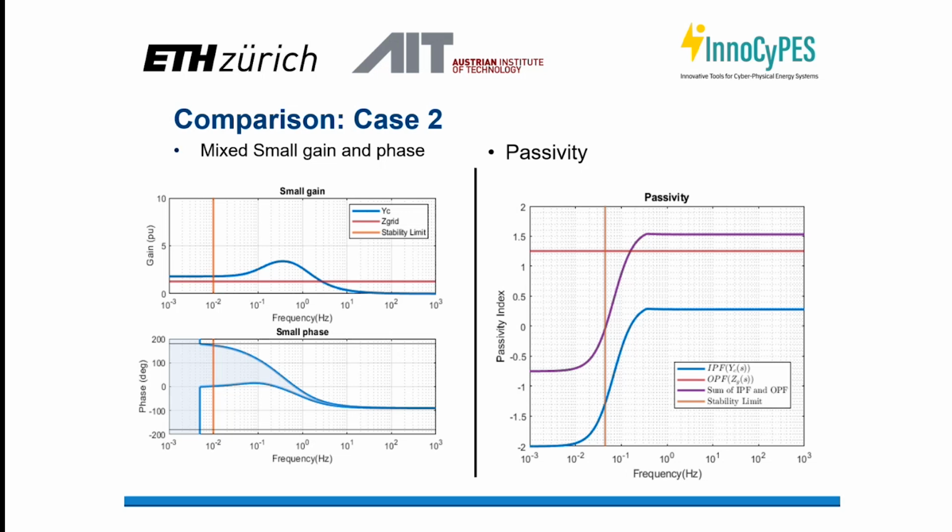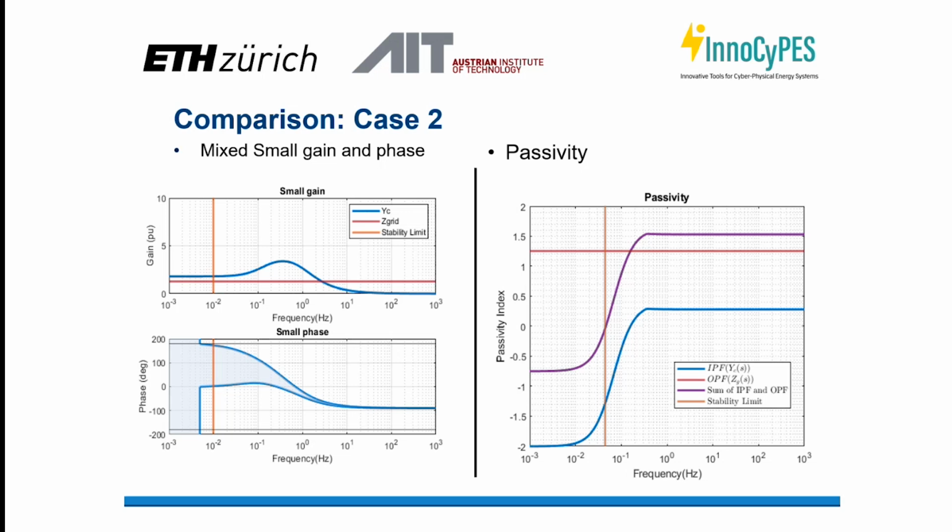And what happens with the passivity index is the following. When we add both of them, the red one and the blue one, the passivity index now is not certifying the stability of the feedback loop for frequencies below 0.05, if I'm not wrong.